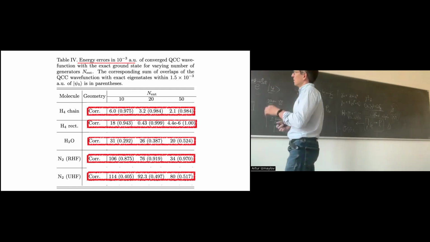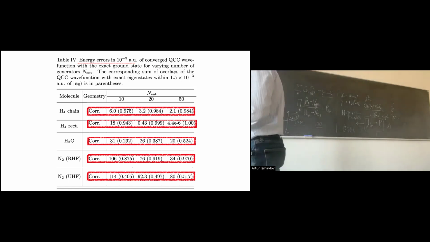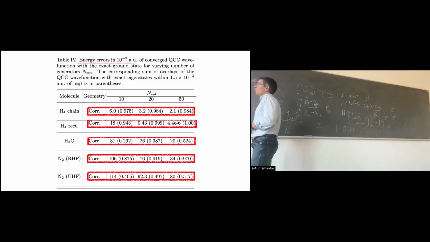This is a table from the paper. What this table shows is that we actually don't suffer as much with the preparation of the initial state. Why? Let's say this is the number of generators, entanglers: 10, 20, 50. This is geometry. These are all hard, correlated geometries, say, water stretched with the two bonds.